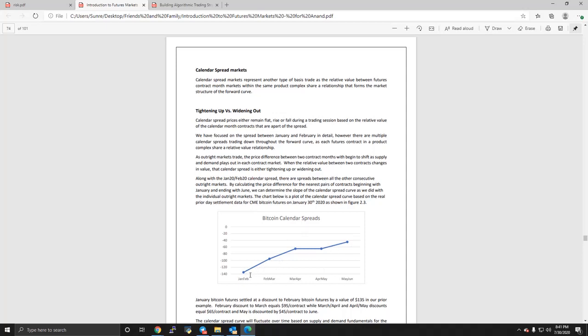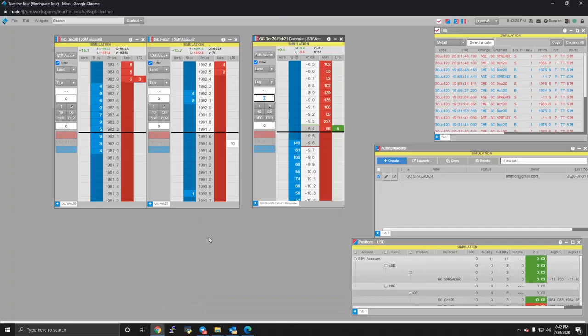The Jan Feb or the Feb March, March April, April May, May June in the book example. And we call this the basis trade, where you're trading the spread between outright markets, and even deeper, you're trading the spreads between each listed calendar spread. So basis trading is a deeper concept as you progress in futures markets, and it's another way to look at trading and look at the market.